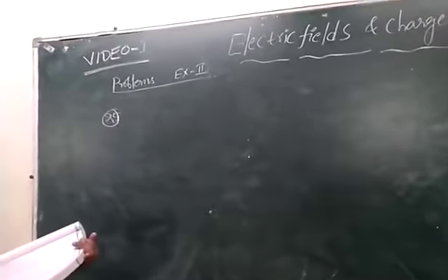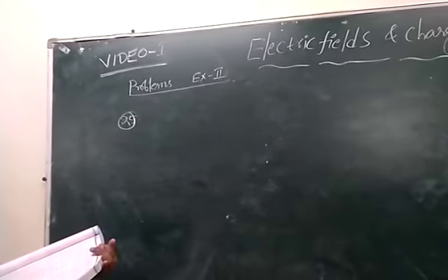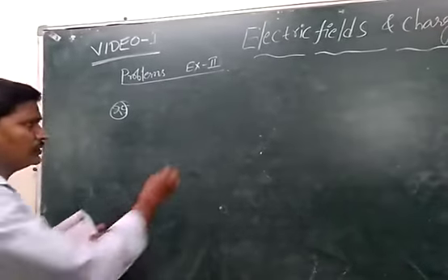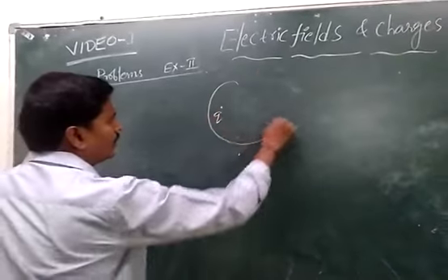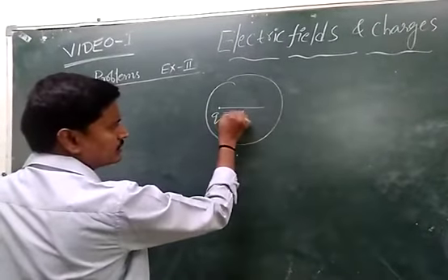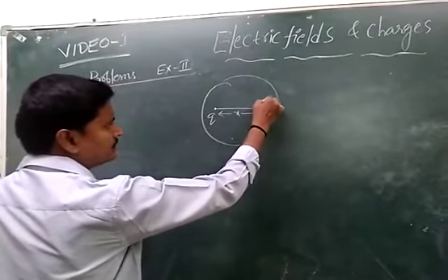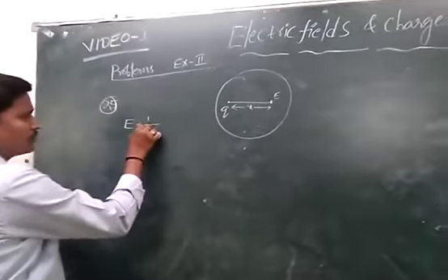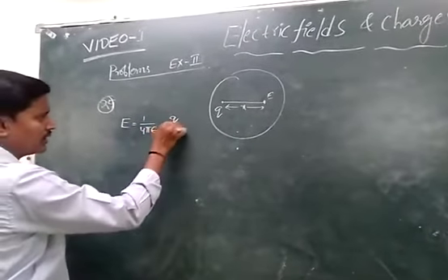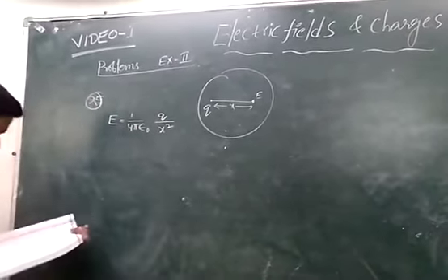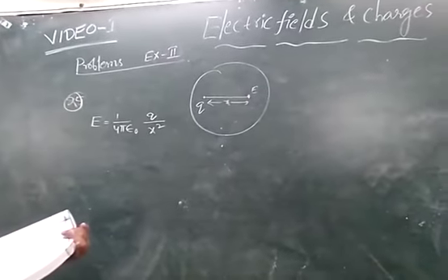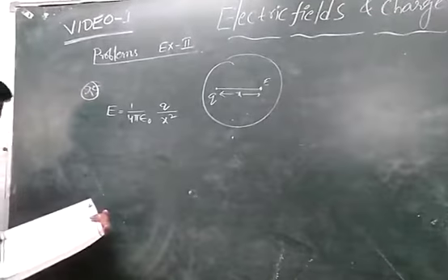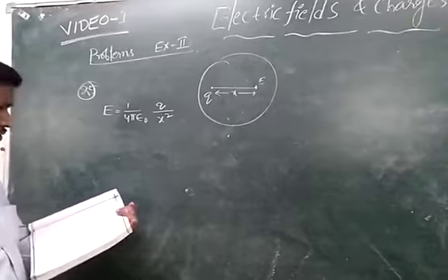So the magnitude of electric field intensity at distance x due to charge q: field is created around it at x distance. The intensity of the electric field is E is equal to 1 by 4 pi epsilon naught into q by x square. Now if an identical charge is placed at a distance 2x, find the magnitude of force.